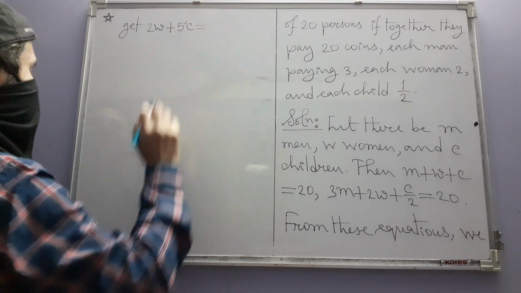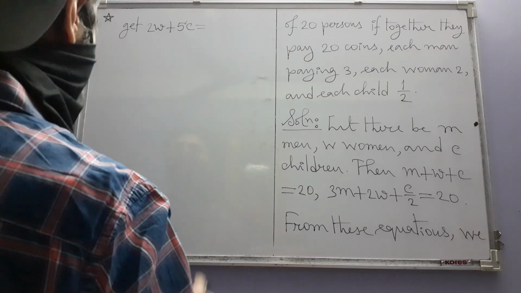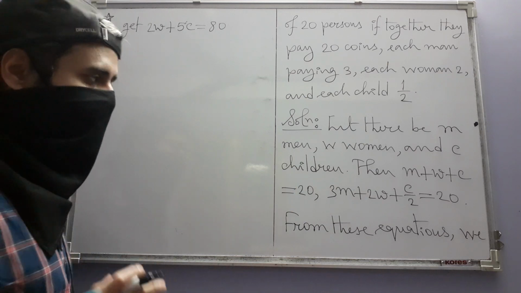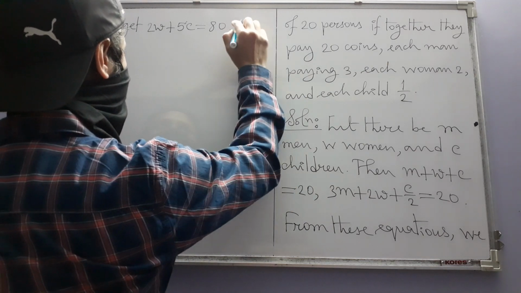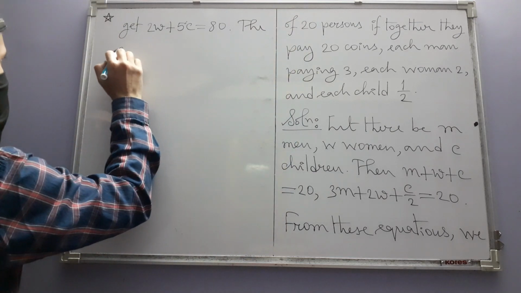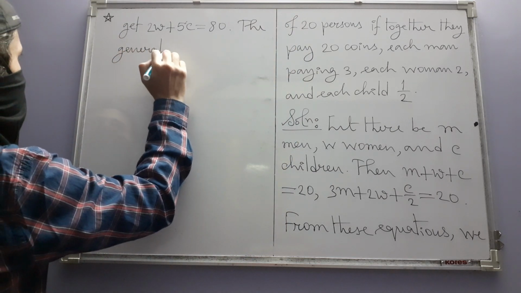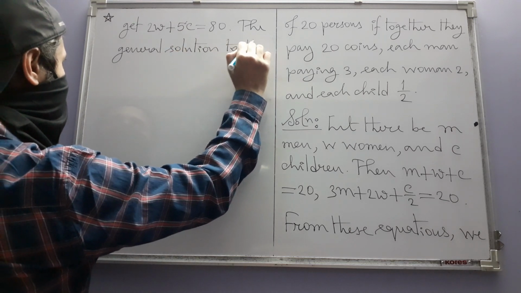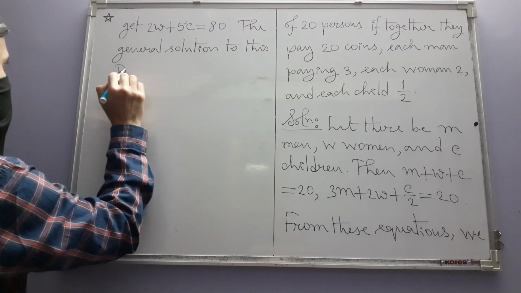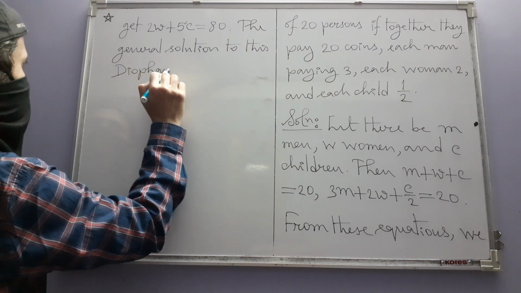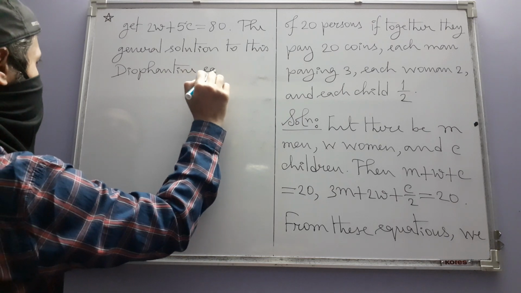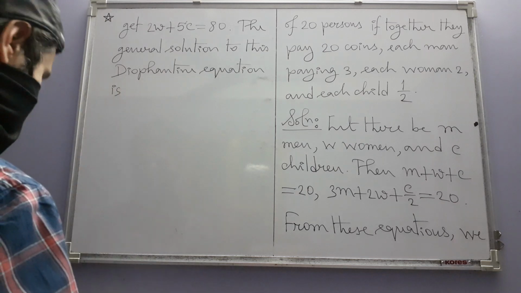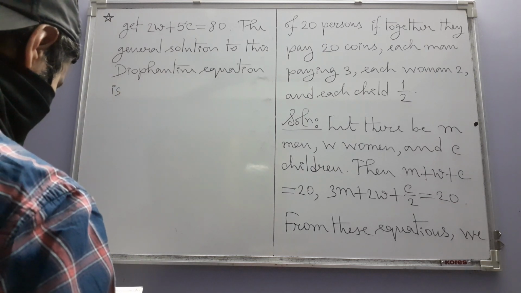But the right hand side here is different, it is 80. So that means we have again eliminated m from both the equations. The general solution to this Diophantine equation looks like this.